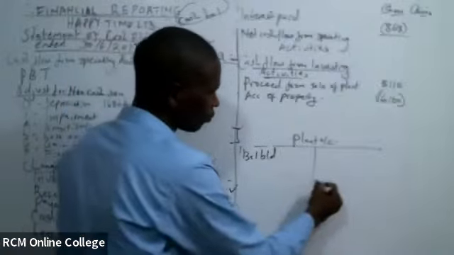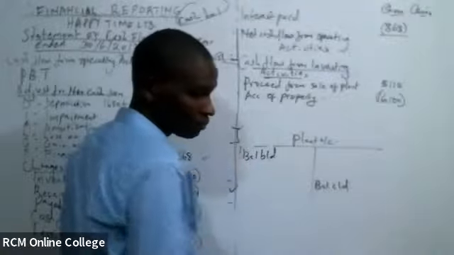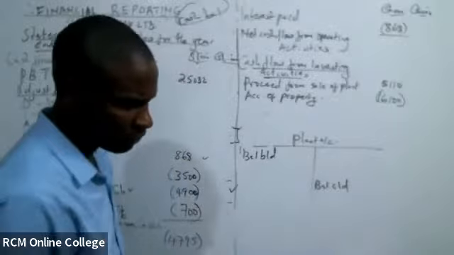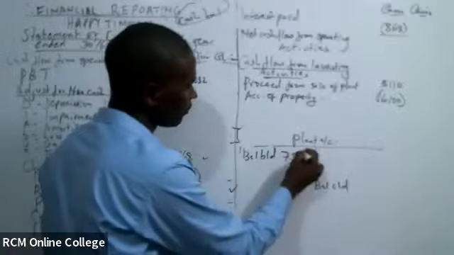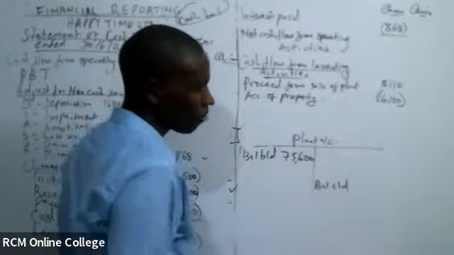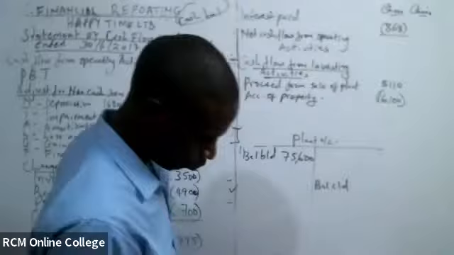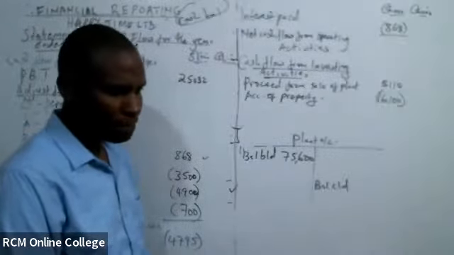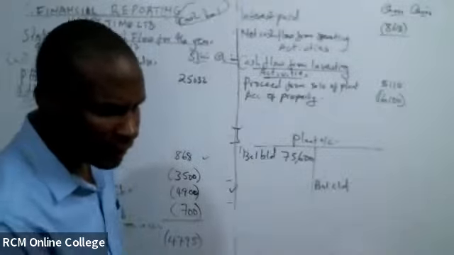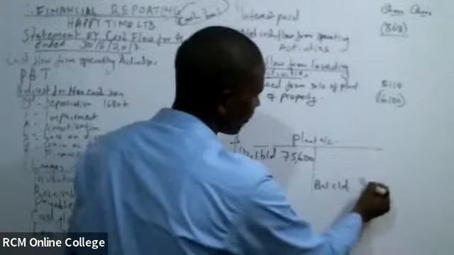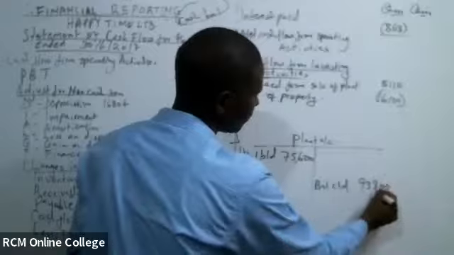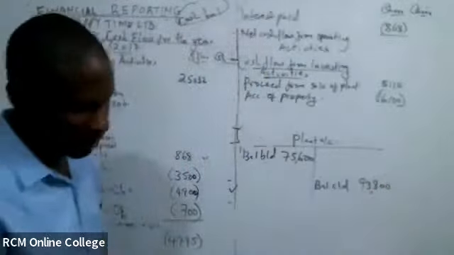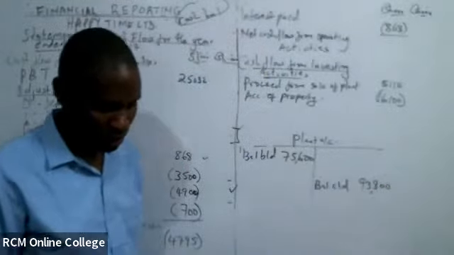And the carry down is there. 75,600. Balance carry down, 93,800. Thank you. And then you check anything that happened to this.